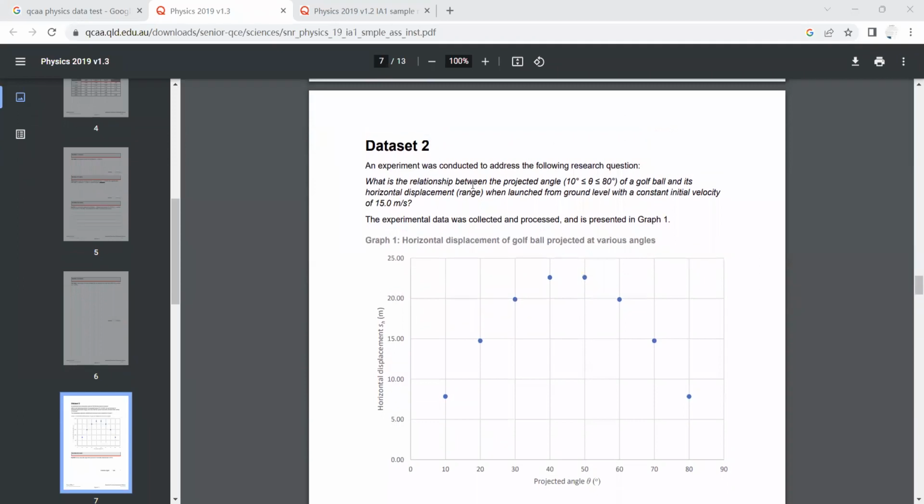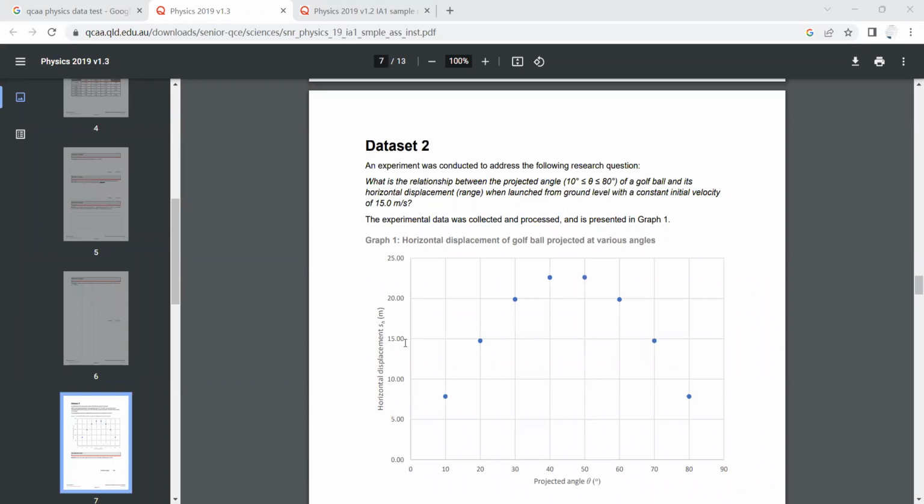This is a plot from a projectile motion, and the horizontal axis shows us the projected angle. The vertical axis shows us the horizontal displacement. And this is not a trace of the object in the air.